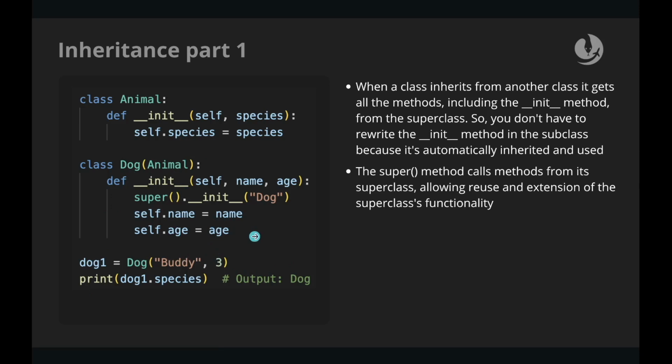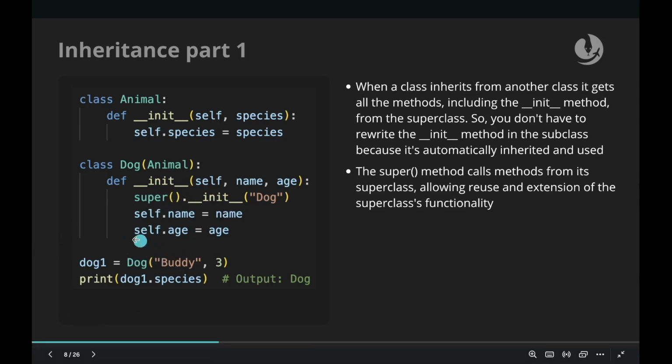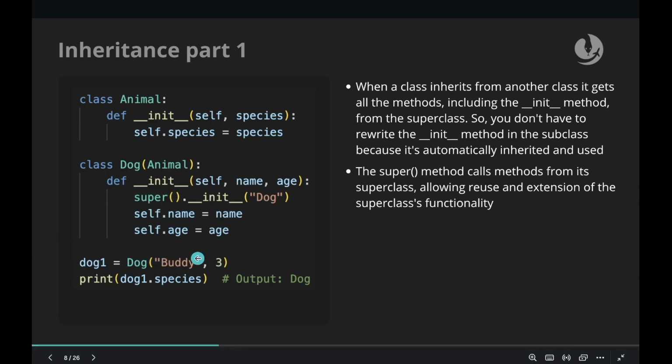But again, this is just an illustration. It would make more sense to place the name and the age over here, and then in the init have only dog specific stuff, and the same for the cat. In the init, we would have some cat specific attributes.